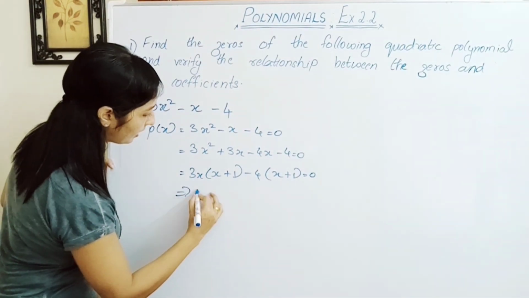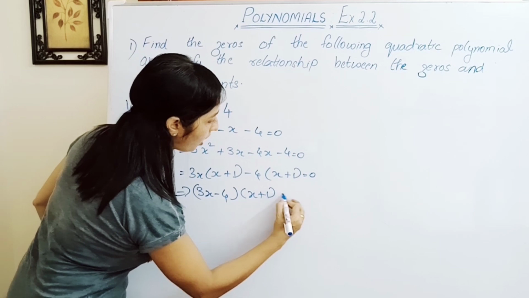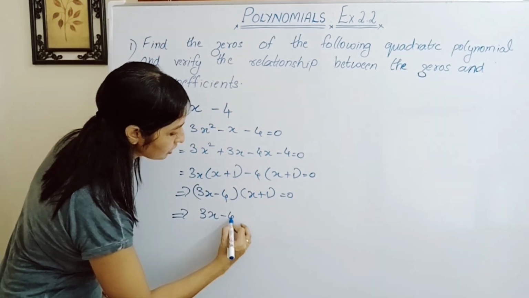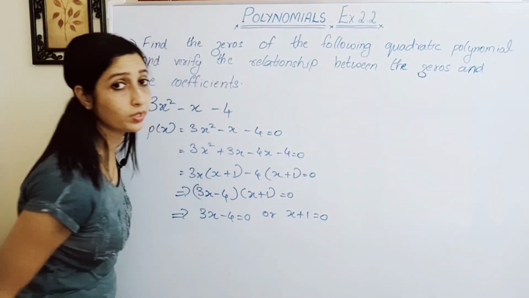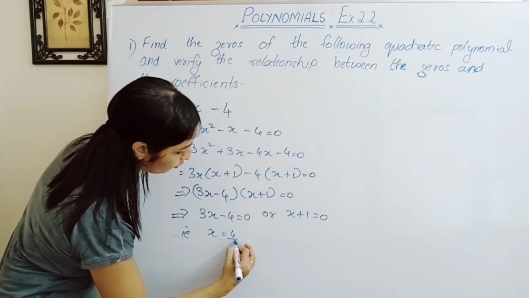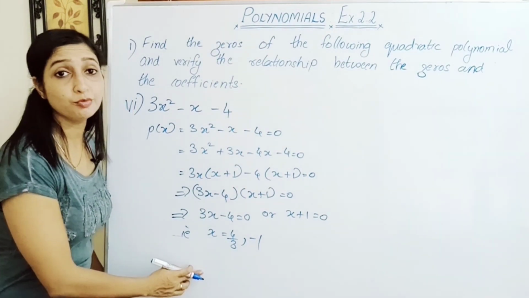So this implies (3x minus 4) into (x plus 1) equals 0, which implies either 3x minus 4 equals 0 or x plus 1 equals 0. That is, x is equal to 4 by 3, minus 1. So here you've got the zeros.